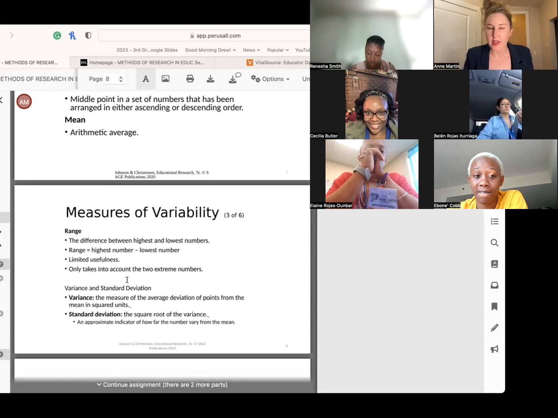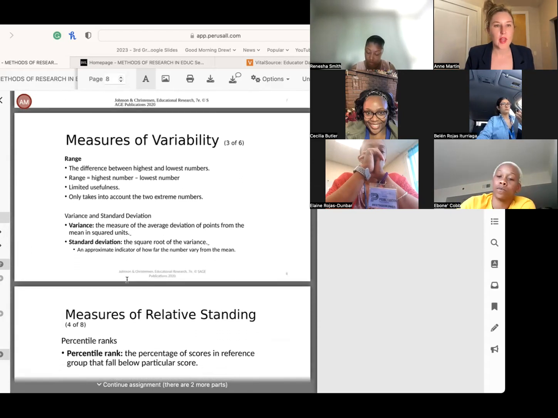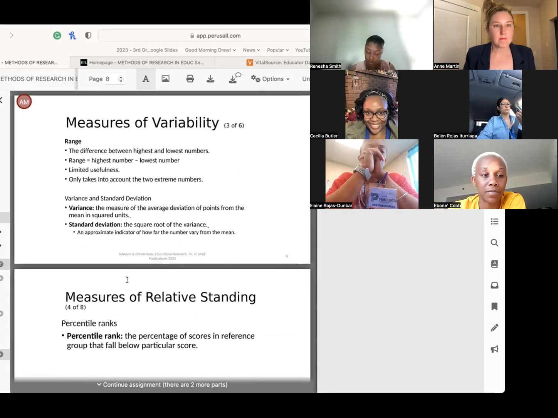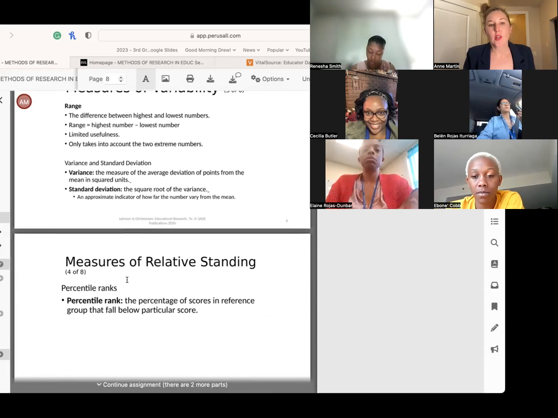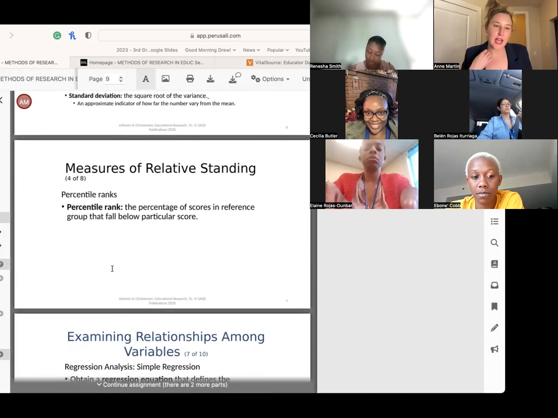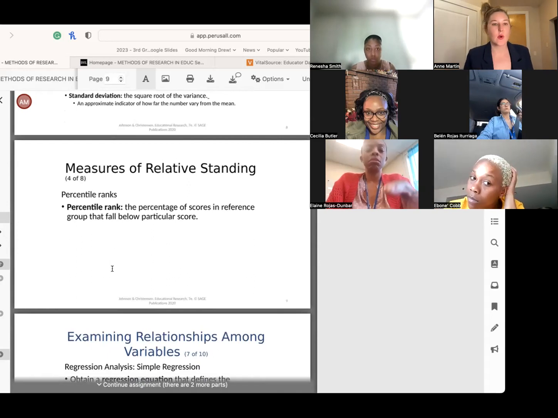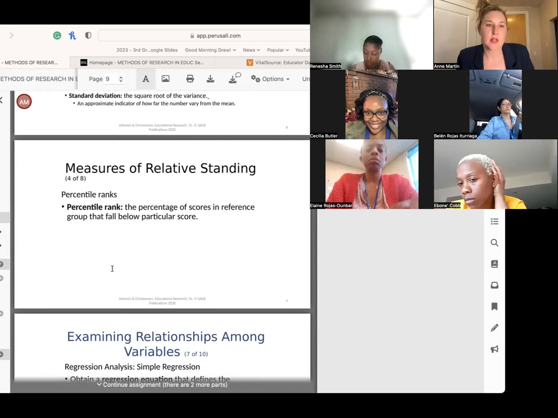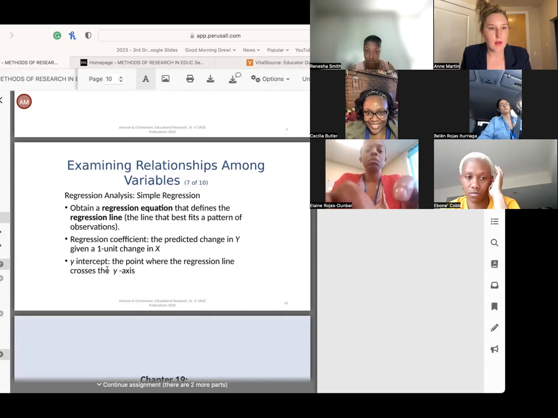Or for relative standing, like a percentile rank, we'll have a practice question about that. If someone is in the 60th percentile, what does that mean? So questions like that, as opposed to calculating, making sure that you understand the concepts that are involved.